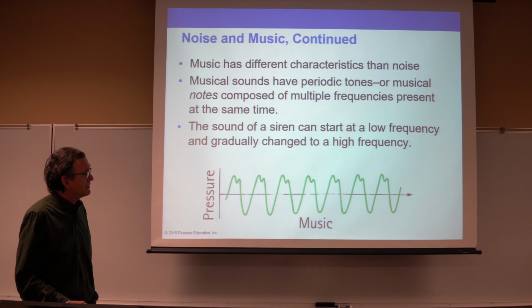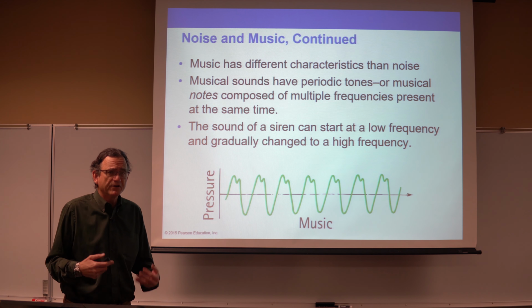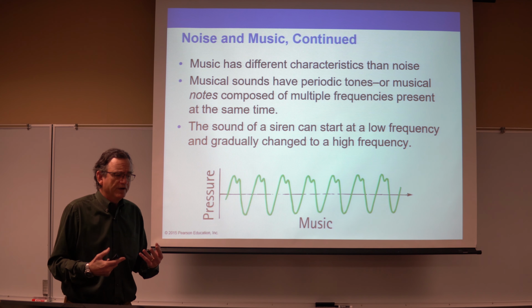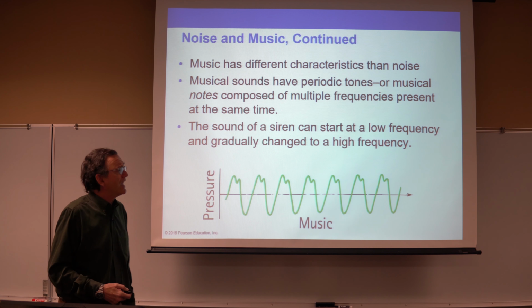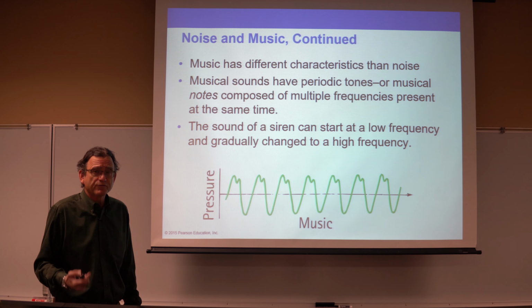Now, we're going to talk about aspects of sound that are not related to noise, but do have periodic patterns of intensity. And these periodic patterns of intensity are characterized by their frequency.